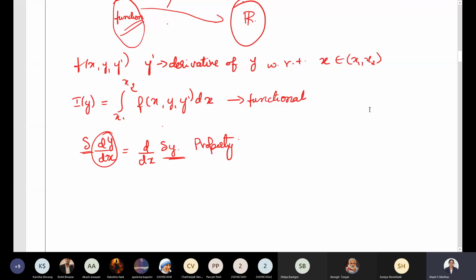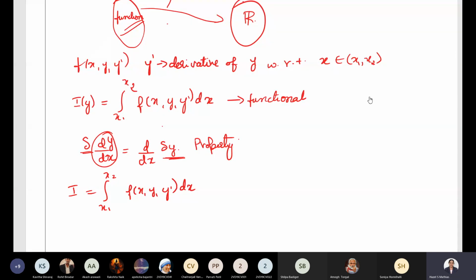Now, for example, suppose I is given to be the integral from x1 to x2 of f of x comma y dash dx. How can you apply this property?